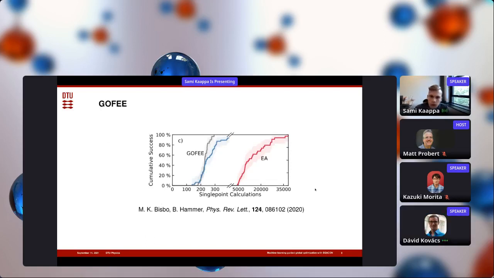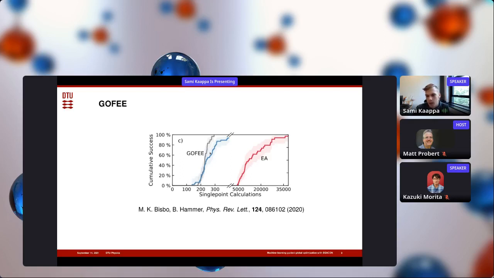However, we are not the first ones to do this. Last year, GOFEE was published by Bisbo and Hammer, where they already show that this Bayesian optimization can improve the global optimization by, let's say, 2 orders of magnitude in terms of number of single point calculations.